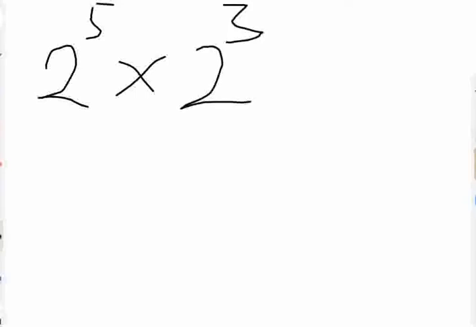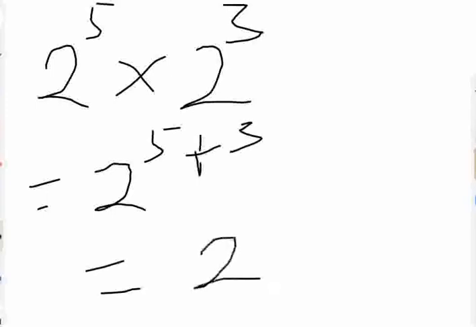The first law we are going to pick here is multiplication law. Multiplication law states when numbers with equal bases are being multiplied, their powers are added. So if you have 2 raised to power 5 times 2 raised to power 3, this is equal to 2 raised to power 5 plus 3, which is equal to 2 raised to power 8.